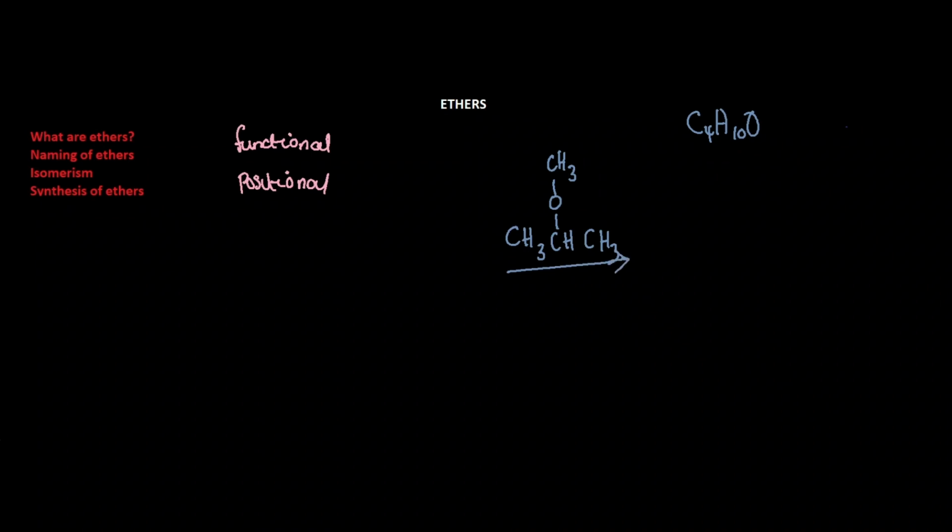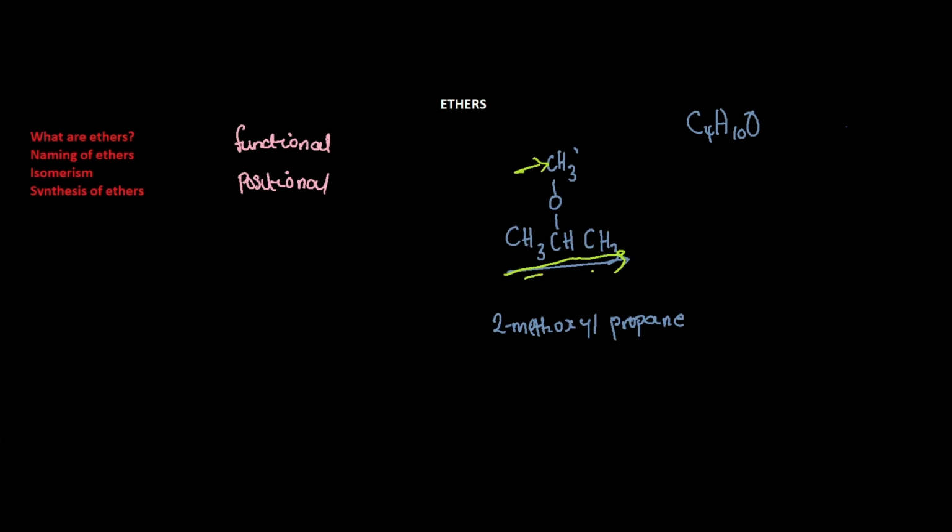Now this alkyl group is not a propyl, it's an isopropyl, and this ether would be named 2-methoxypropane, because the shorter alkyl group is not attached to the longer carbon chain directly.